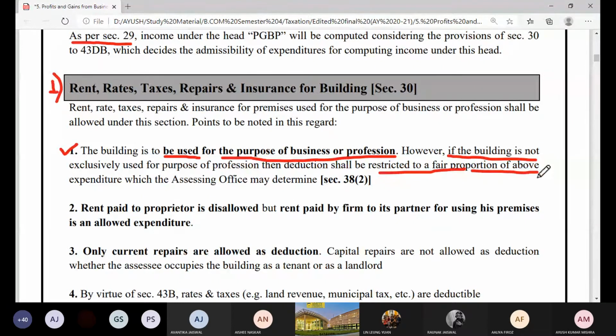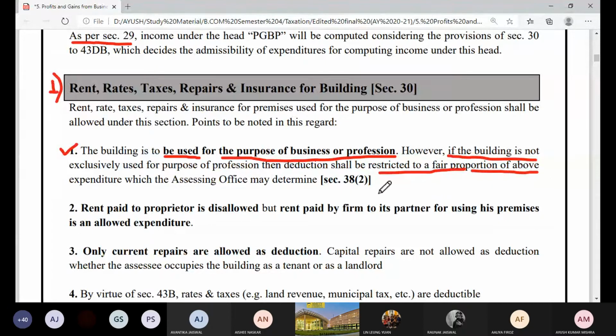In such cases, the expenses incurred on the building cannot be totally allowed as deduction under business and profession, because you are using it for your household purpose also. The government said that yes, it can be allowed, but on a proportionate basis. For example, if you have 3 floors and you are using 1 floor for business and 2 floors for residence, then it should be allowed in a 2:1 ratio.